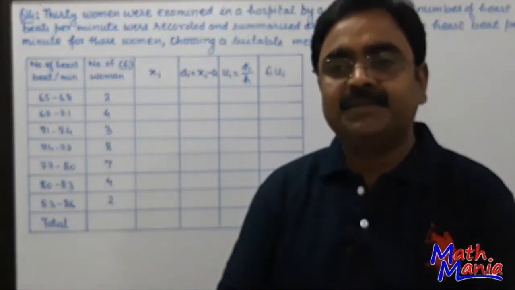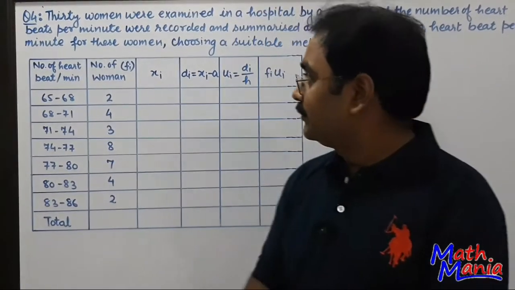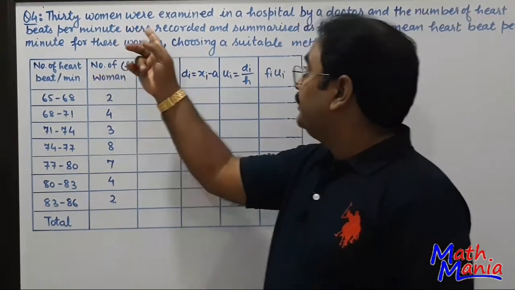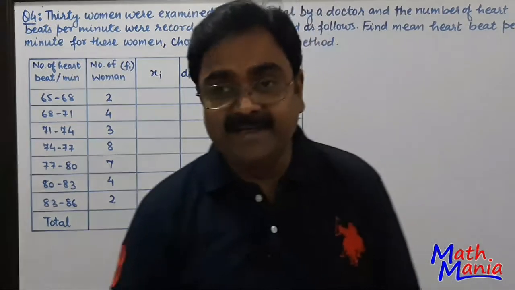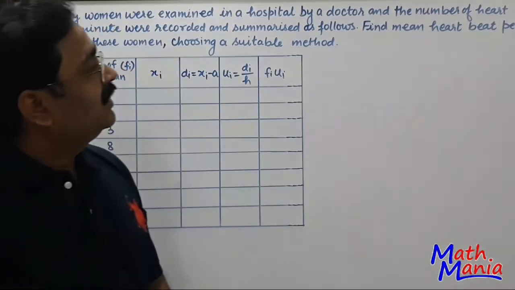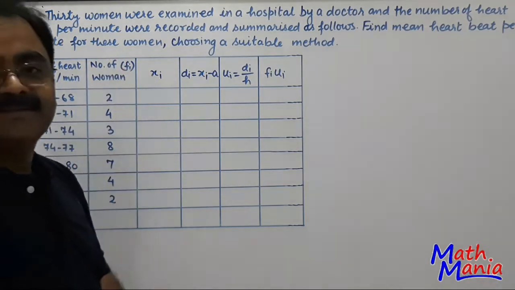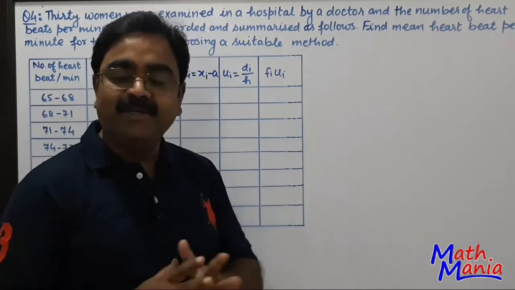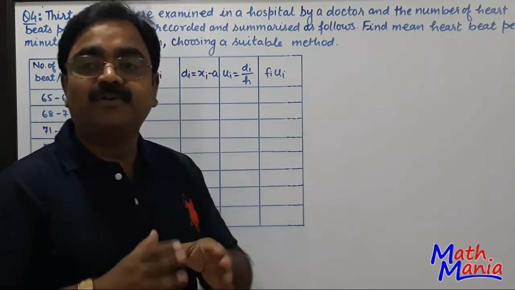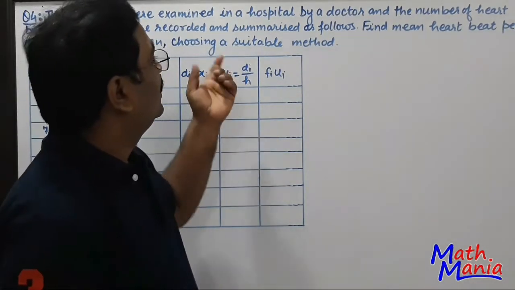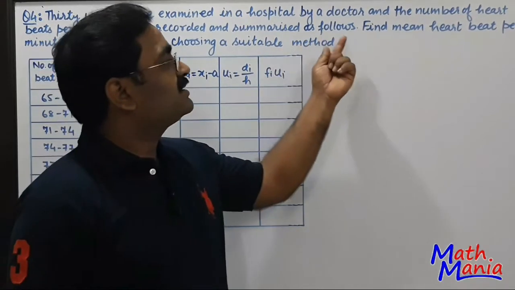Okay friends, so let's see question number 4. In this it is given that 30 women were examined in a hospital by a doctor and the number of heartbeats per minute was recorded and summarized as follows.